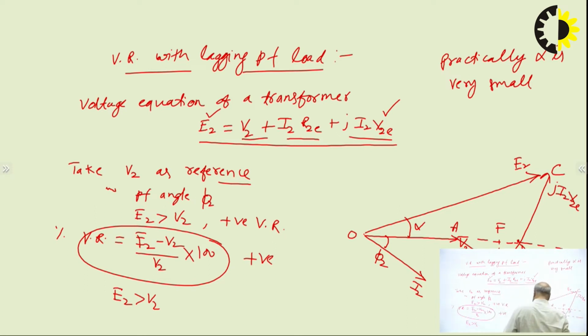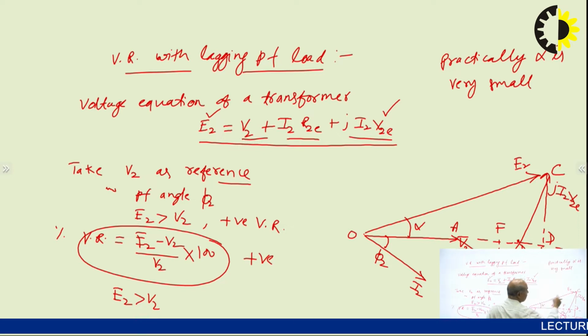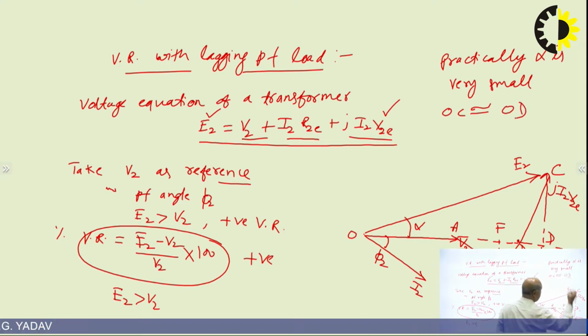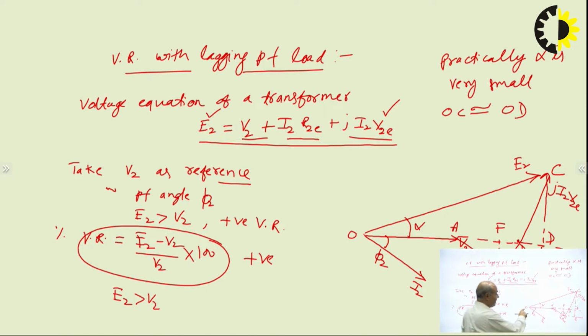It means that if we extend this, and suppose this point is D and this point is E, then for very small alpha we can easily see that OC will be approximately equal to OD. That is, E2, which is OC, is equal to OD.